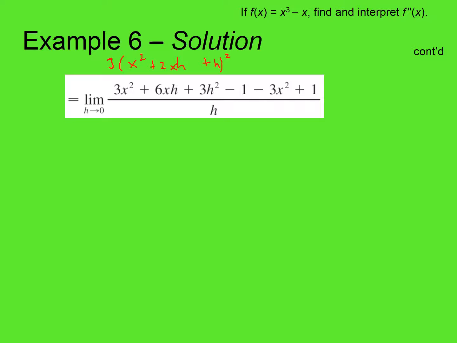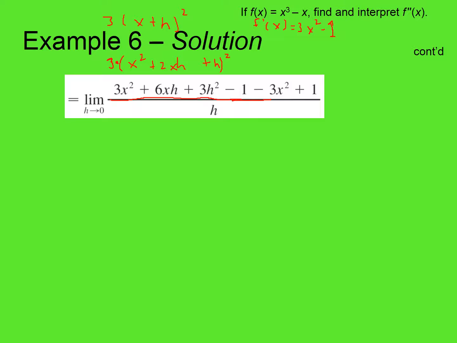And then the minus 1, right? Because we had 3 times the square of x plus h, which is the same thing as this trinomial here. And then we had the minus 1, and then we're subtracting f prime of x, which means subtracting each of the terms of f prime of x. Okay, so let's remember what f prime of x is. f prime of x is 3x squared minus 1.